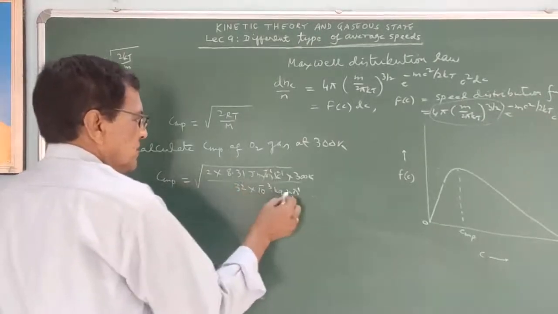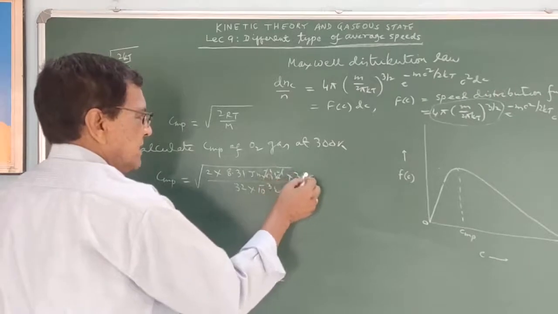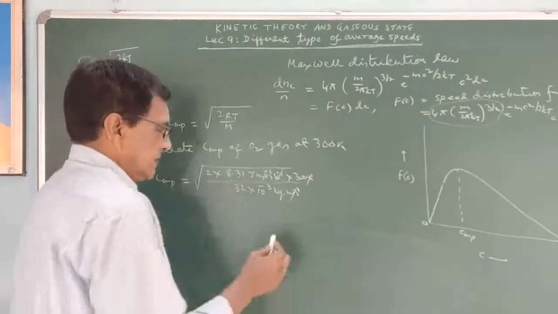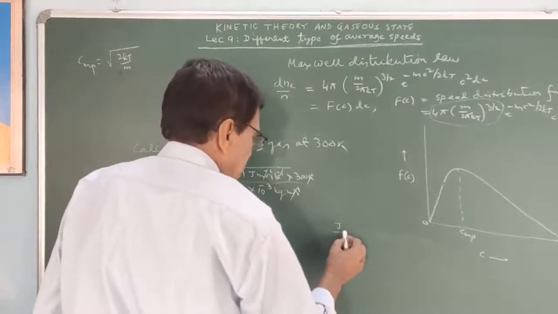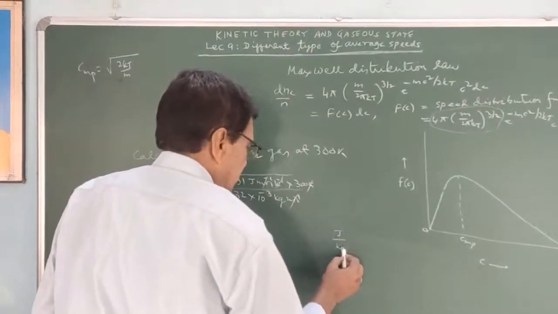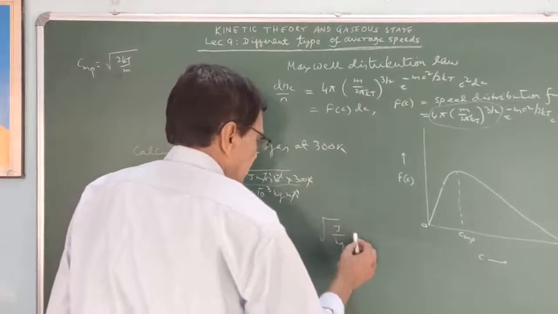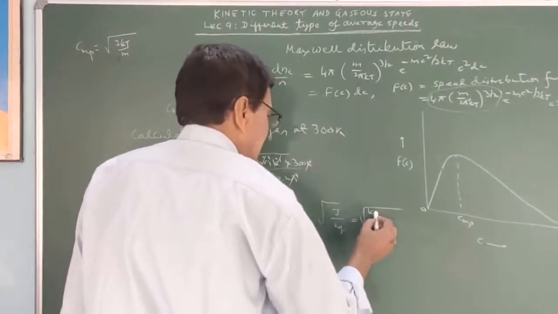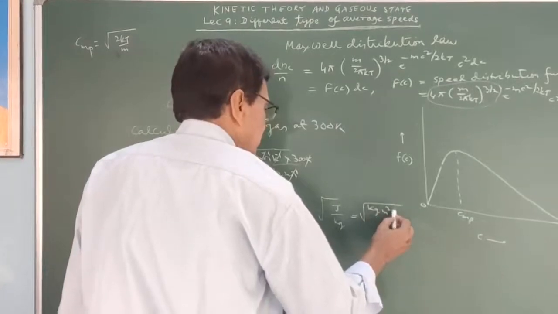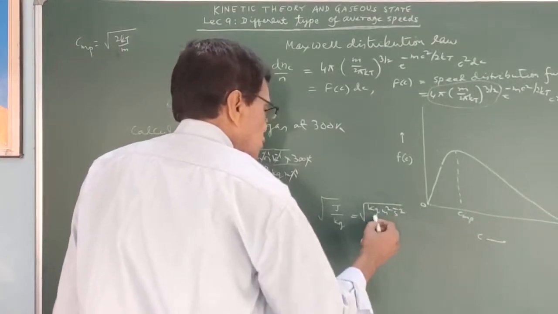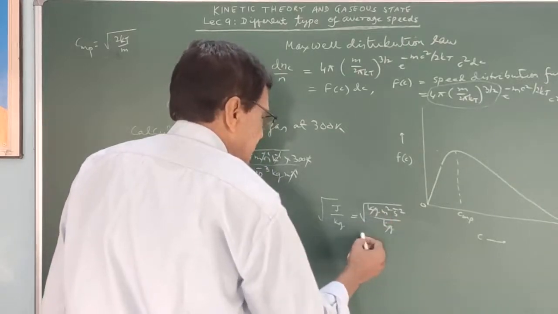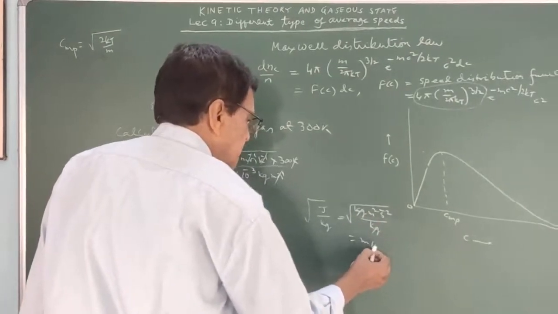So mole inverse cancels, Kelvin cancels, and joule per kg, root over joule, you can split up as kg meter square second inverse 2 and divide by kg. So kg cancels, and this will give you meter per second.